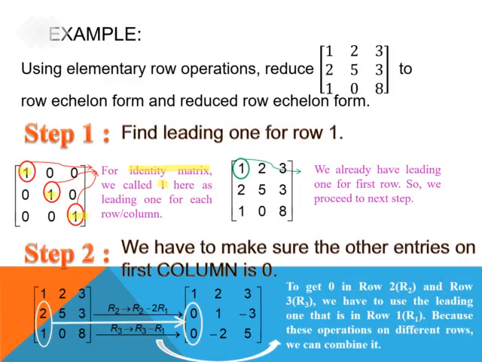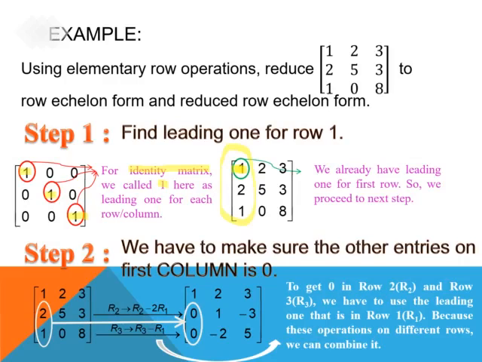So next, our matrix already has a leading one, this one. So we just proceed to step number 2. Step number 2, we have to make sure the other entries in the first column are 0. So this column, you have the leading one.